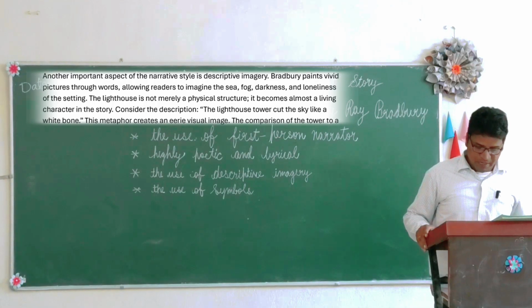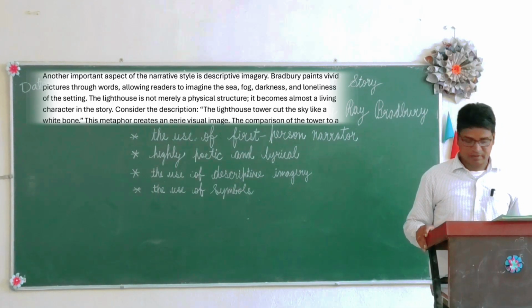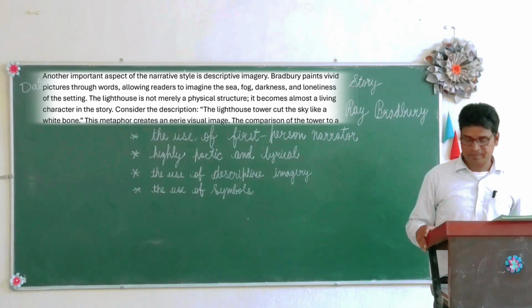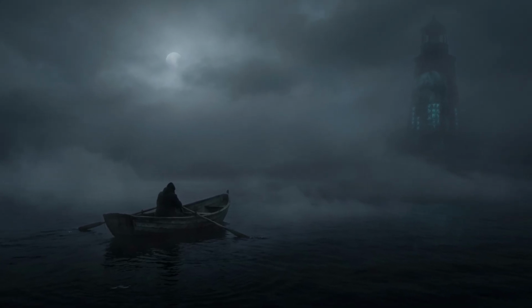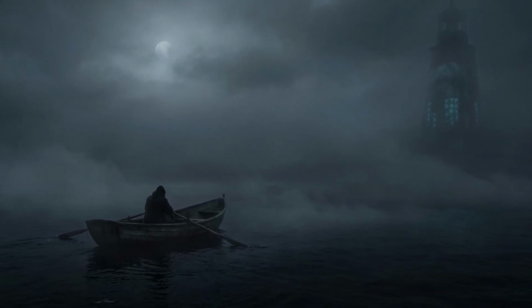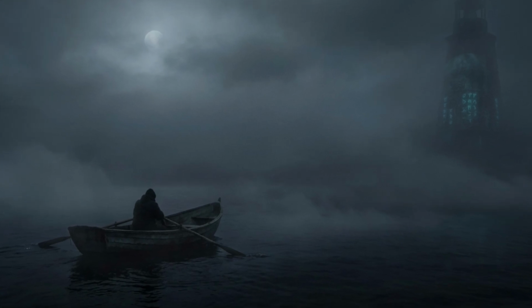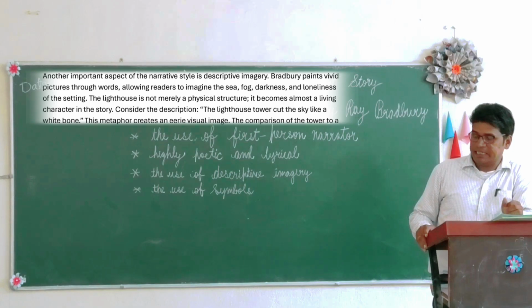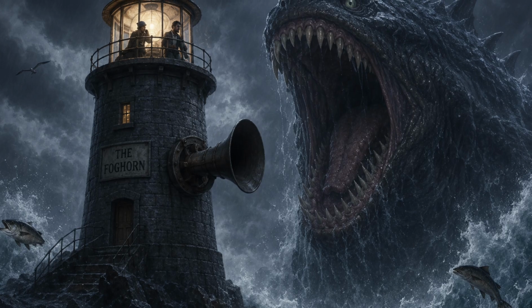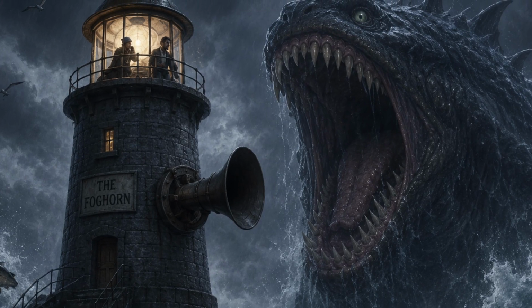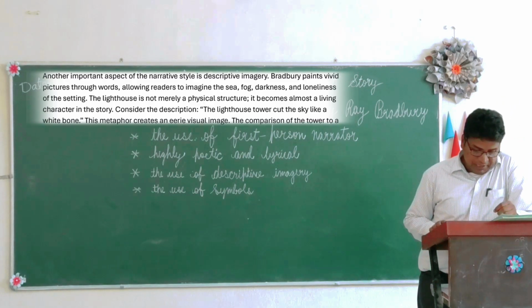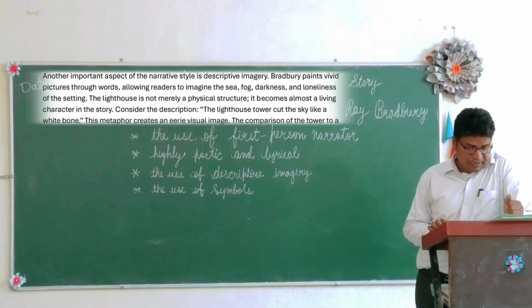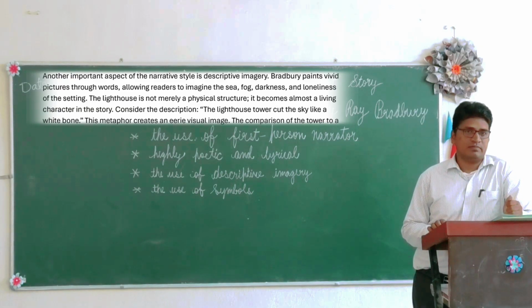So Bradbury paints vivid pictures through words, allowing readers to imagine the sea, fog, darkness, loneliness, and the setting. The lighthouse is not merely a physical structure. It becomes almost a living character in the story.